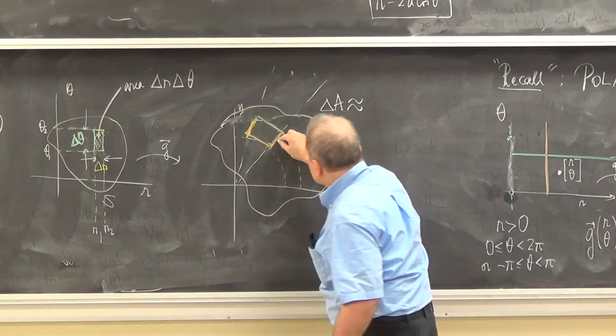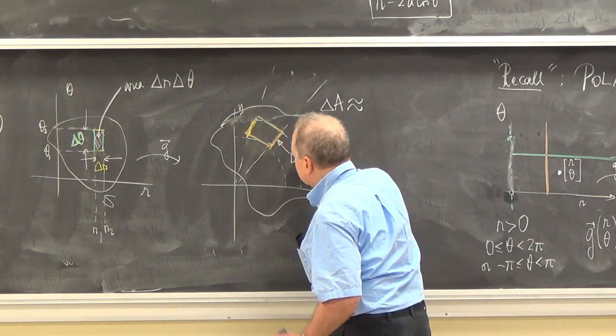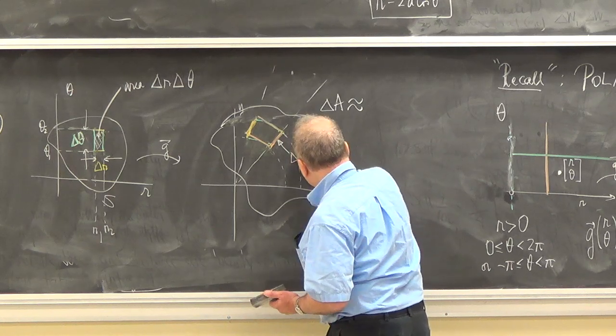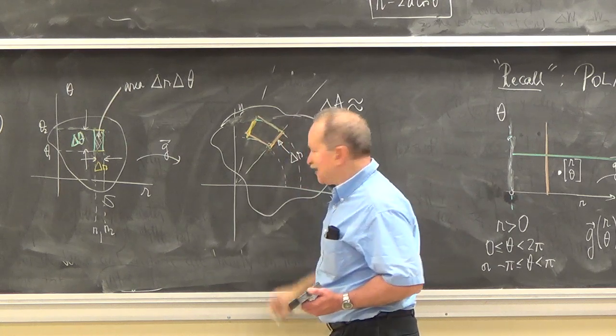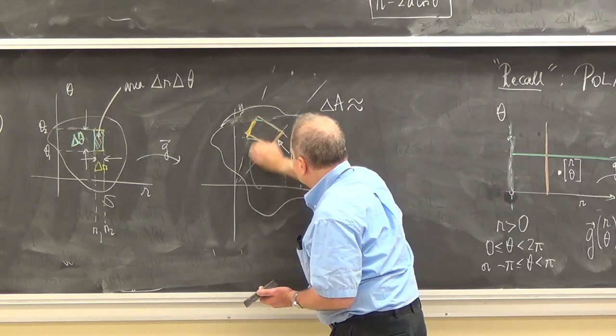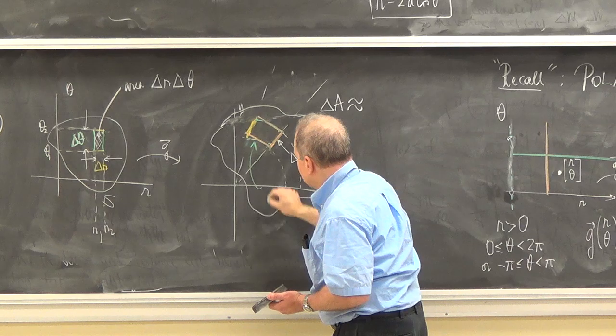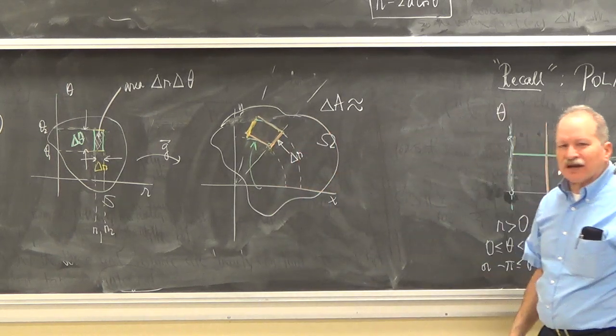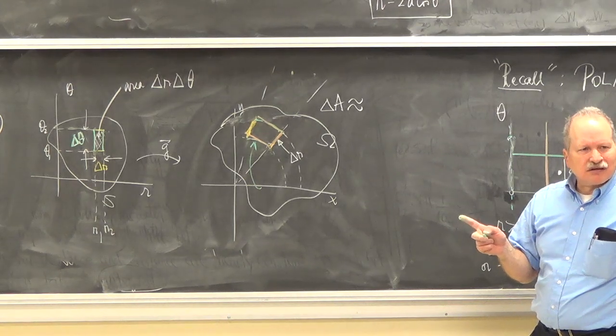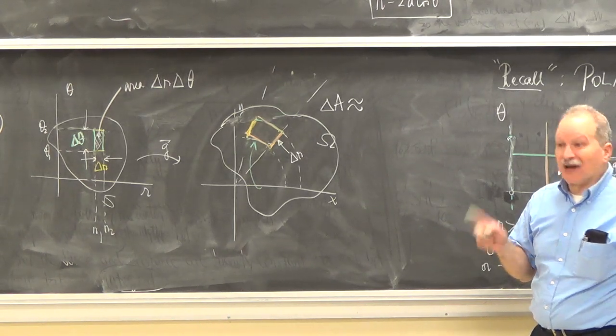But what's this length? It's delta r. What's this length, this green length here? It's not delta theta. Arc length is what in terms of angle? It's theta times radius.